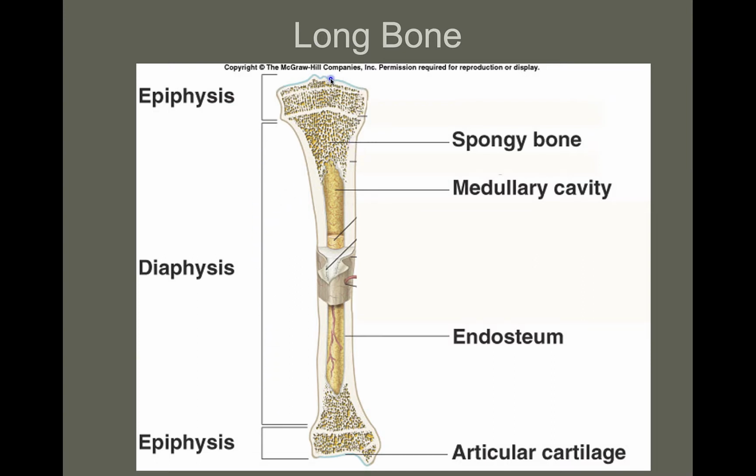So inside of those epiphyses, we see spongy bone. Don't let spongy make you think that this bone is soft and squishy. It just looks like a sponge, and it is actually made of these really strong trabeculae that help to resist stress in different directions.